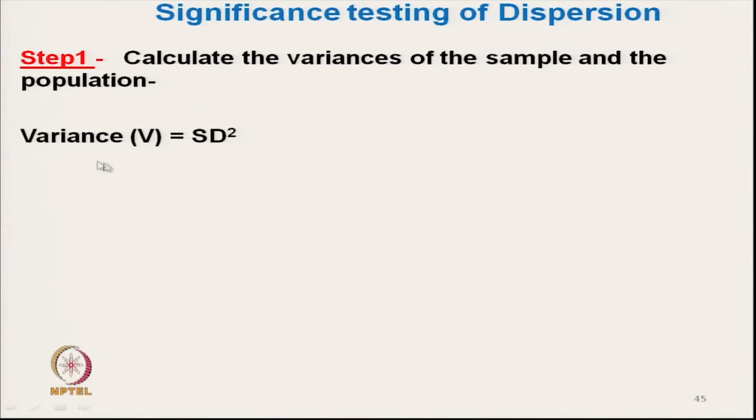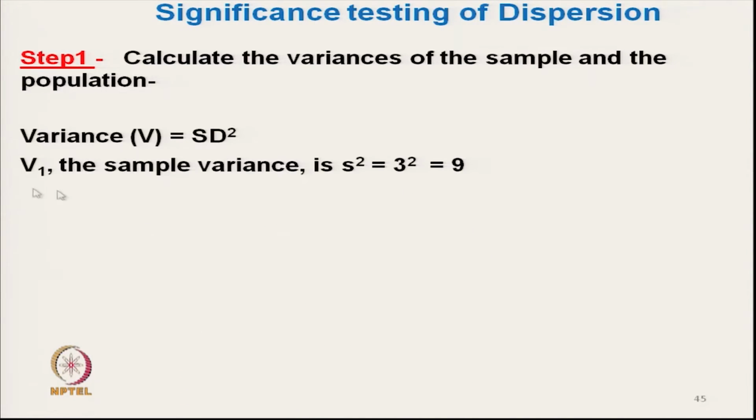What is variance? Variance is the square of the standard deviation. Now, V1 will always be the higher one. Here 3, the sample standard deviation, was higher, that is why V1 we have taken as 3 square, 9.